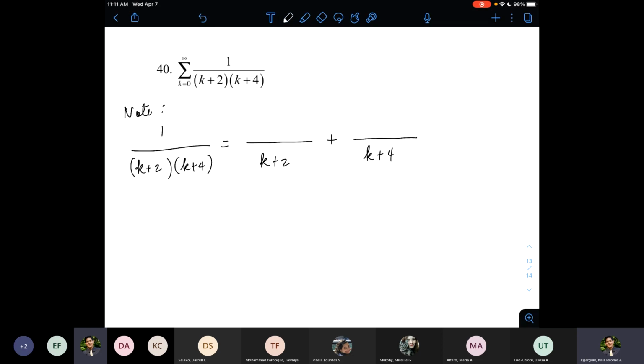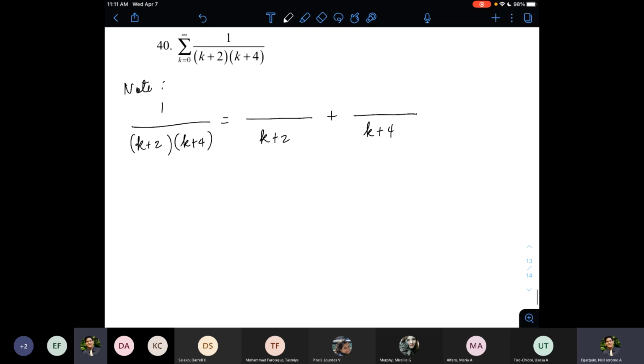So basically the format of the partial fraction decomposition is the same as what we did in chapter 8, though we did that in the context of integrals. The same principle will apply for series. Okay. Now, since the denominators are both linear in terms of the variable k, we'll put generic constants for the numerator. And then we'll go ahead to solve for a and b.